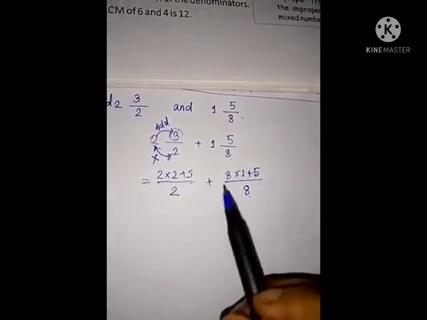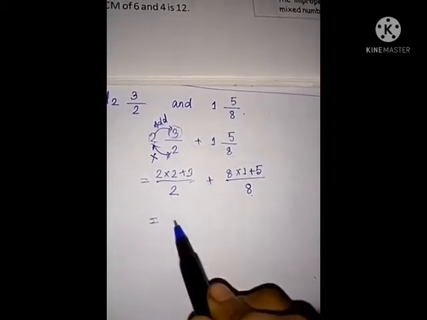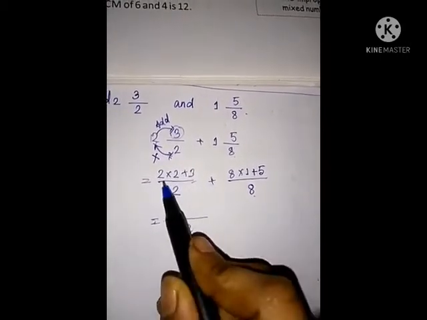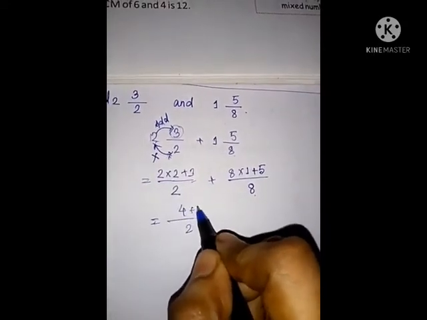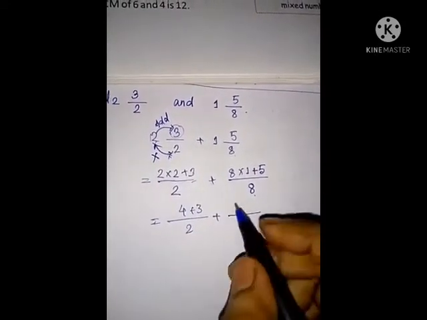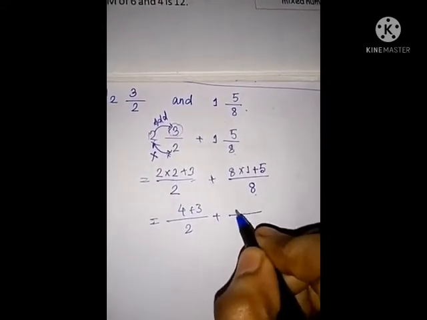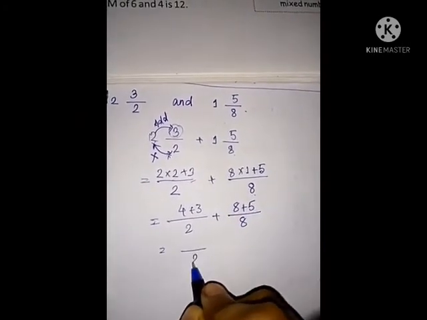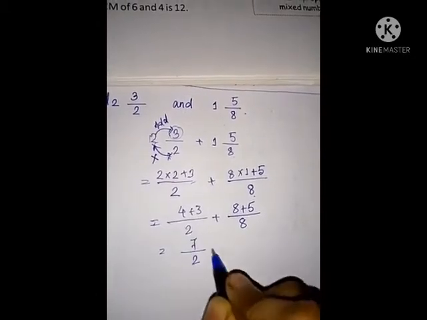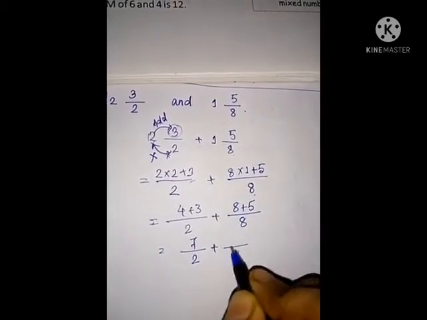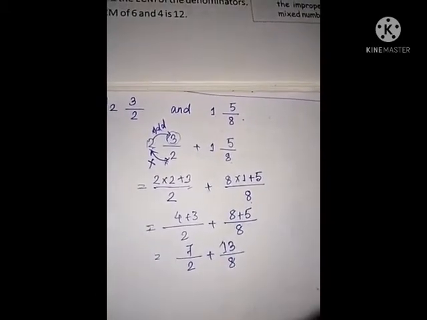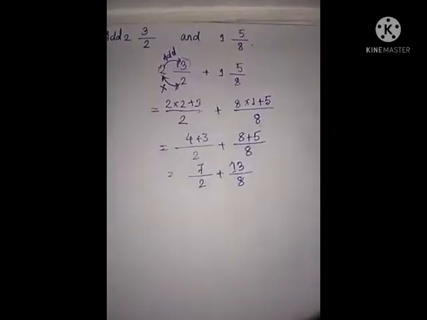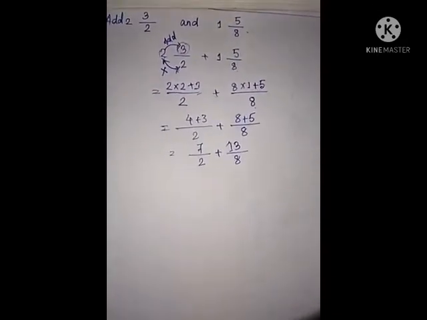This is very important for further. 2 into 2, 4 plus 3, 7. 8 ones are 8 plus 5, 13.